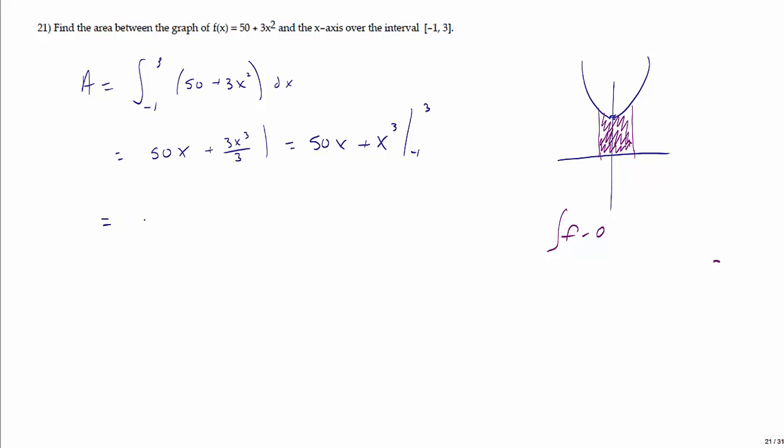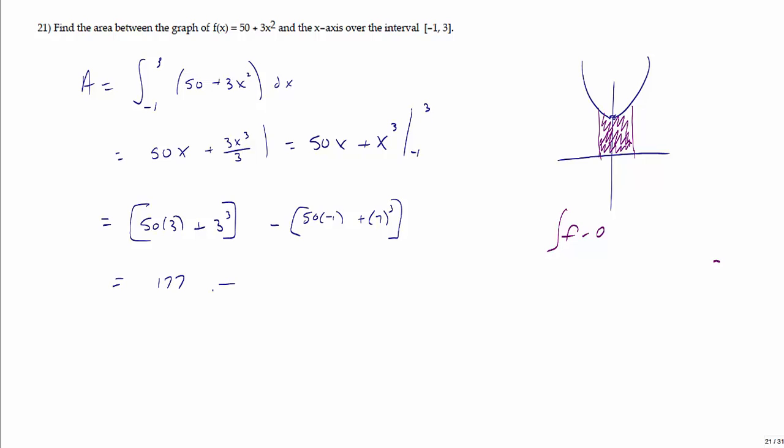When I plug the 3 in, I'm going to have 50 times 3 plus 3 to the 3rd. And I think it's a good idea to just plug that into your calculator and get the number for that. So that turns out to be 177. And now I plug in a -1 everywhere. So 50 times a -1 plus a -1 to the 3rd.